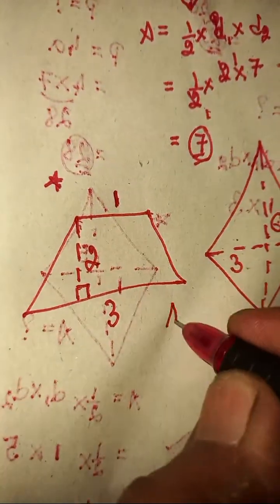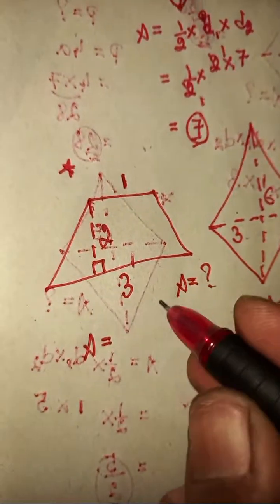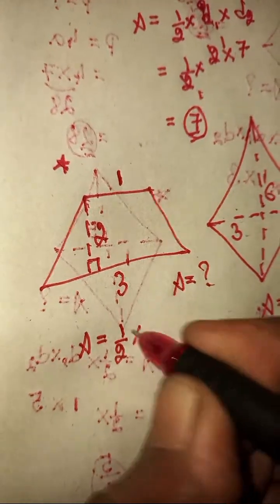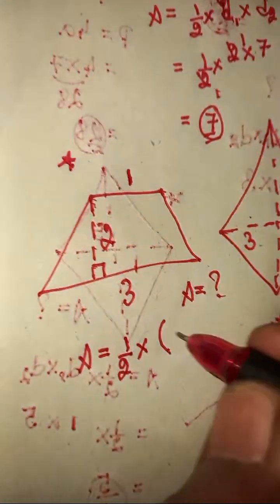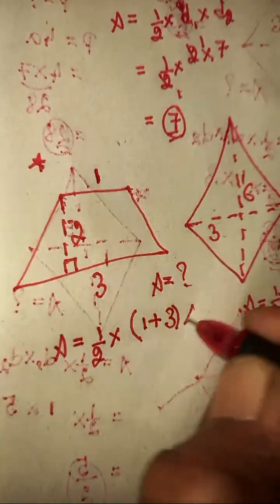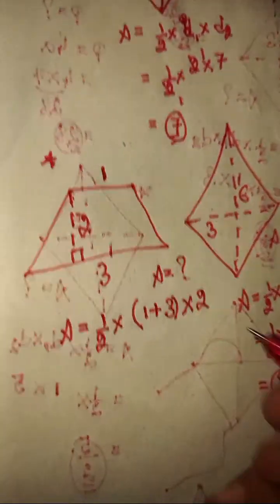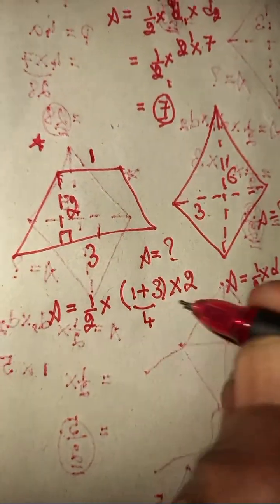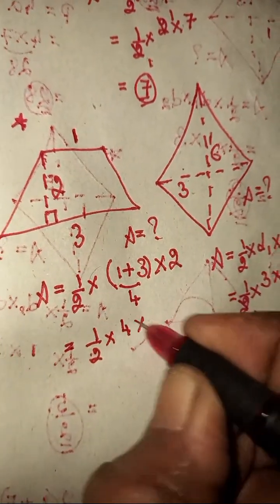You need to find out what's the area. Area of this trapezium is half times of the sum of parallel sides, this side and this side sum, which is 1 plus 3, times of the perpendicular height, which is 2 units. 1 plus 3 is 4, so it becomes half times of 4 times of 2.